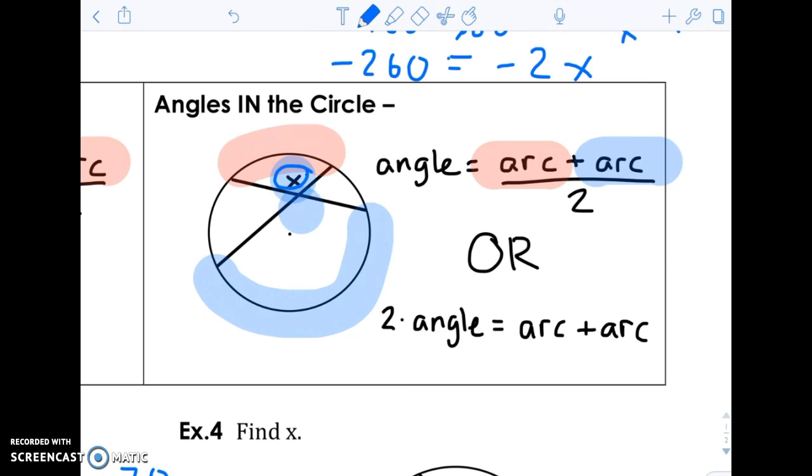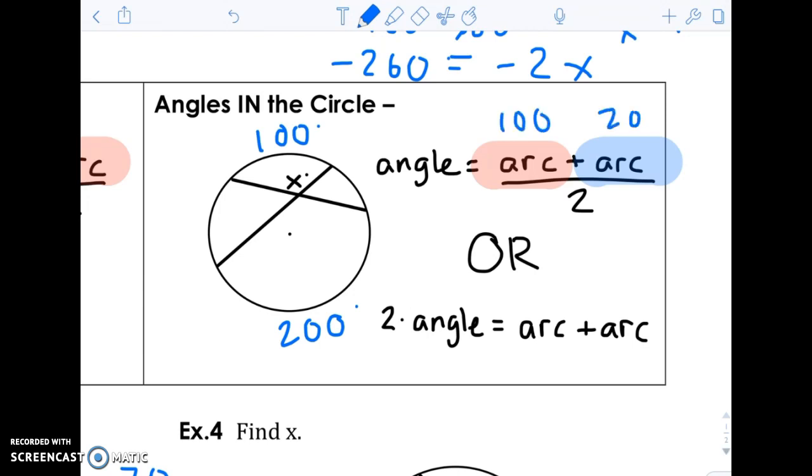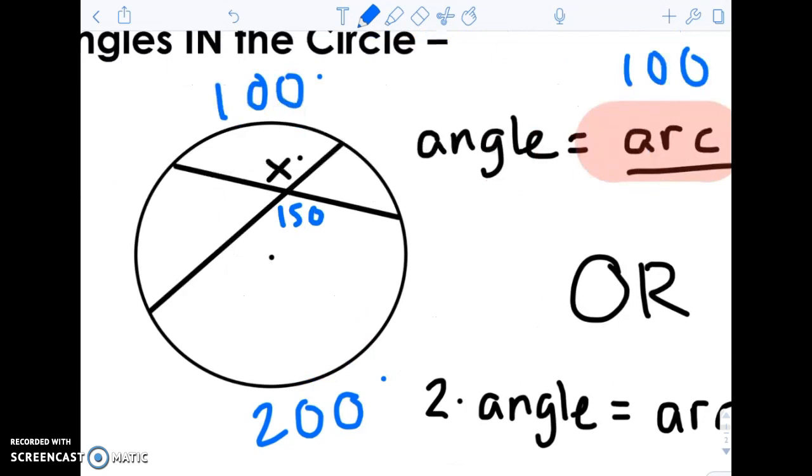So if I were to say to you this arc is 100 degrees and this arc is 200 degrees, well, I know that 100 plus 200 makes 300, and then if I take 300 divided by 2, I find out that this angle is 150 degrees for both of them. Notice these add up to 300 and these add up to 300. The difference is these have to be the same and these other arcs do not have to be the same. They are definitely different sized.